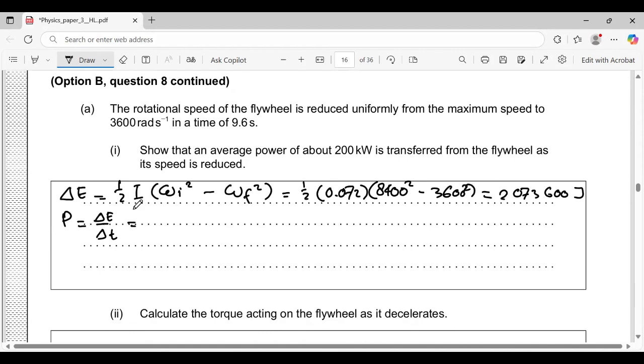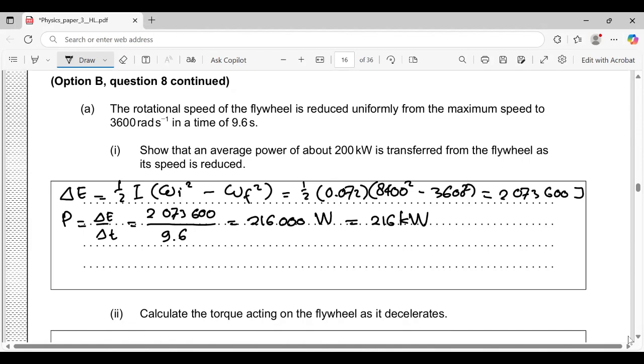So it's going to be 2,073,600 joules over delta T, which is 9.6 based on this information. And the result is 216,000 watts. Now convert to kilowatts, it becomes 216 kilowatts.